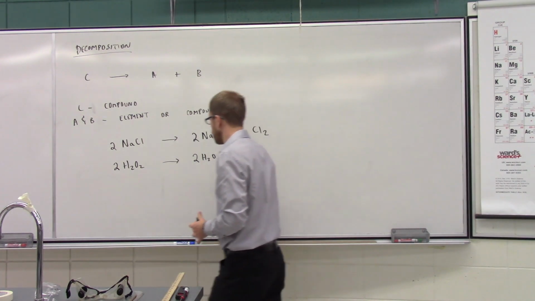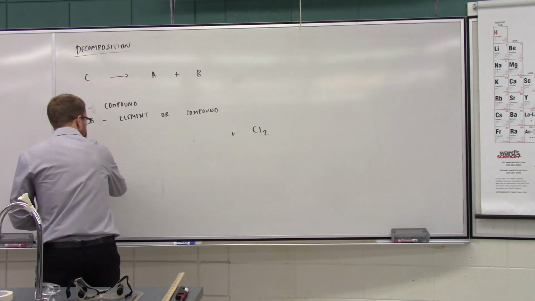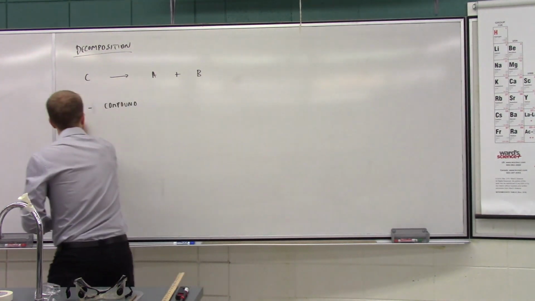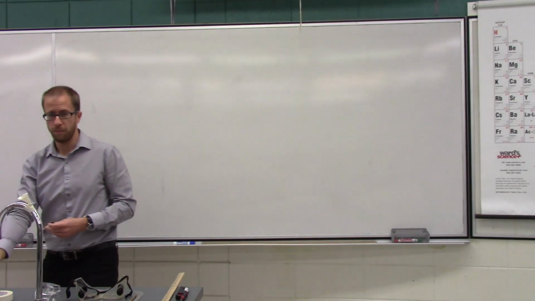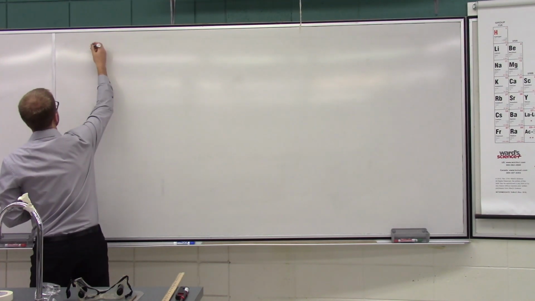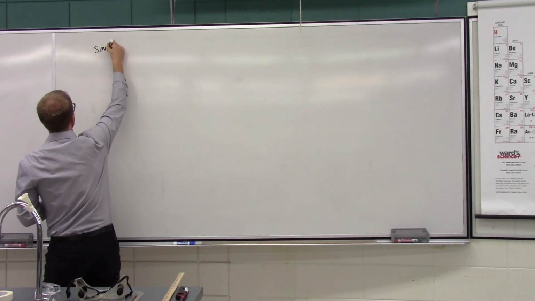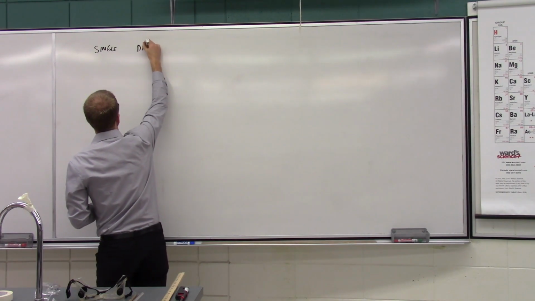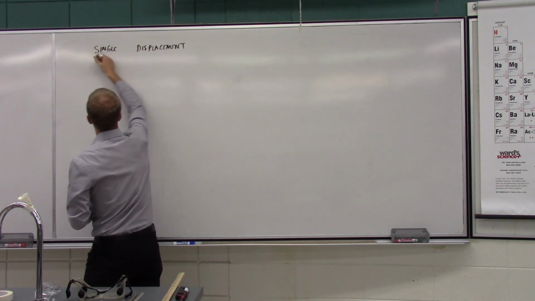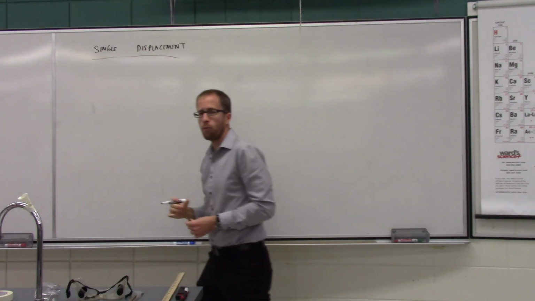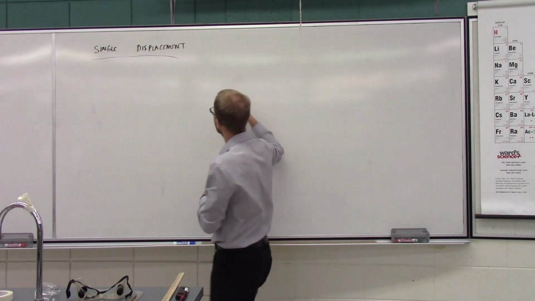Third type of reaction. Now this is the type of reaction that I actually utilized in order to make that balloon. And this is going to be a single displacement reaction. You may also see them called single replacement reactions.